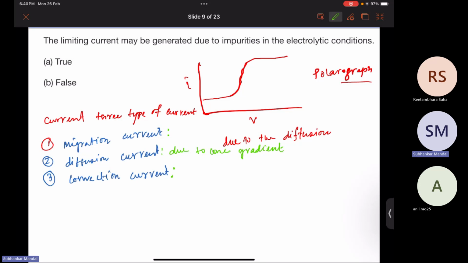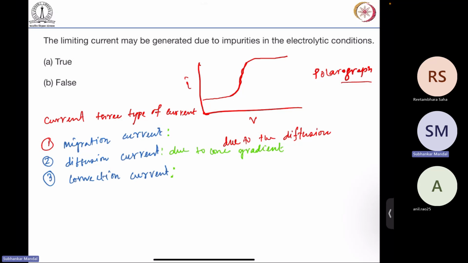So due to the physical perturbation, whatever current is observed, that is convection current.